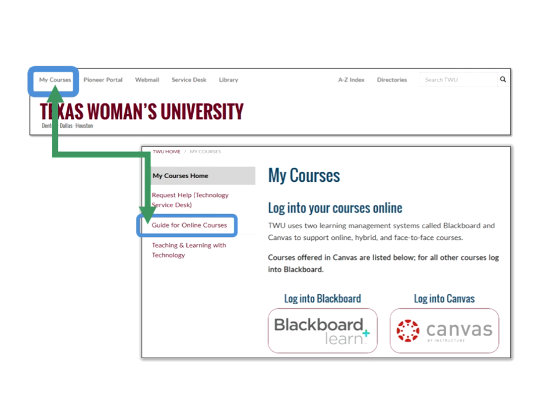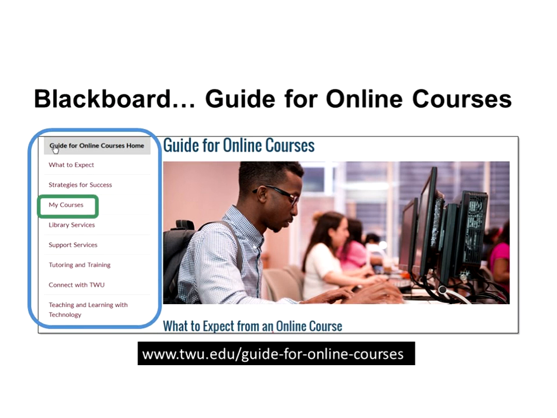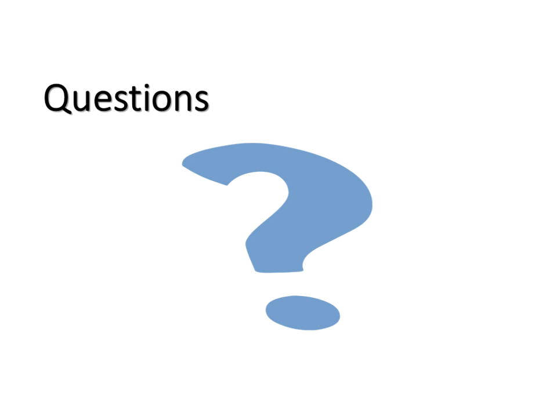The other option is to click on Guide for Online Courses, and that will reveal some more information. You can also click on My Courses and learn a bit more about Blackboard and taking your course online.